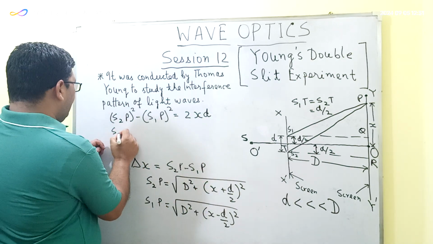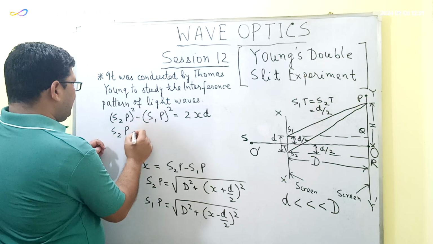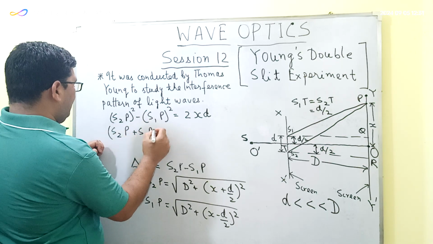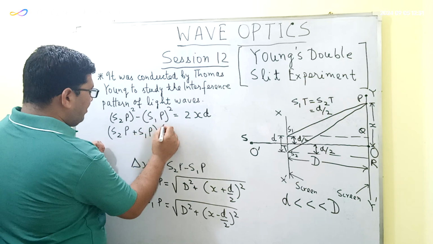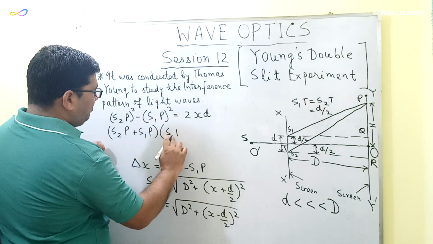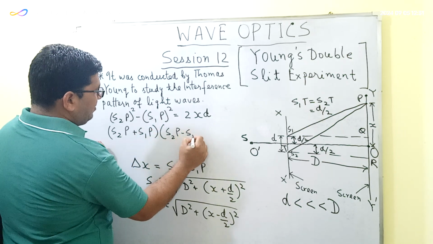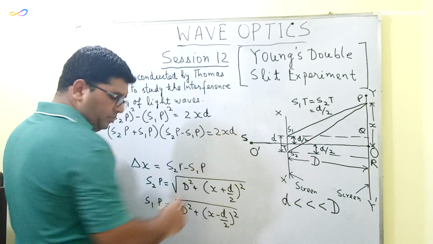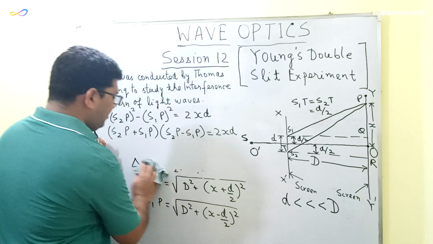Now S2P square minus S1P square can be written as (S2P plus S1P) multiplied by (S2P minus S1P), and this is equal to 2xd.